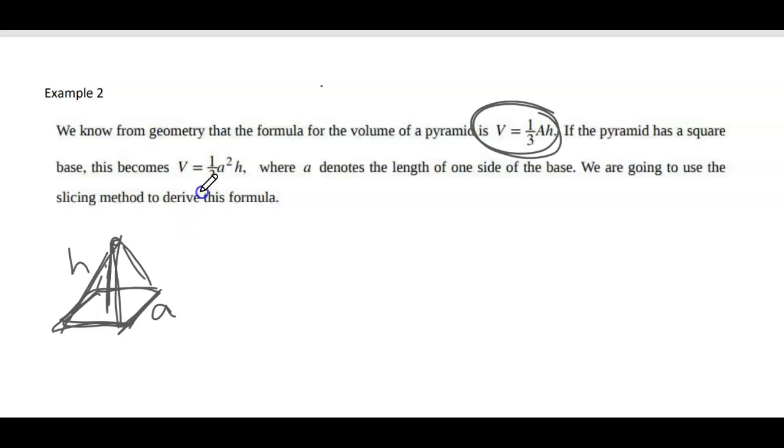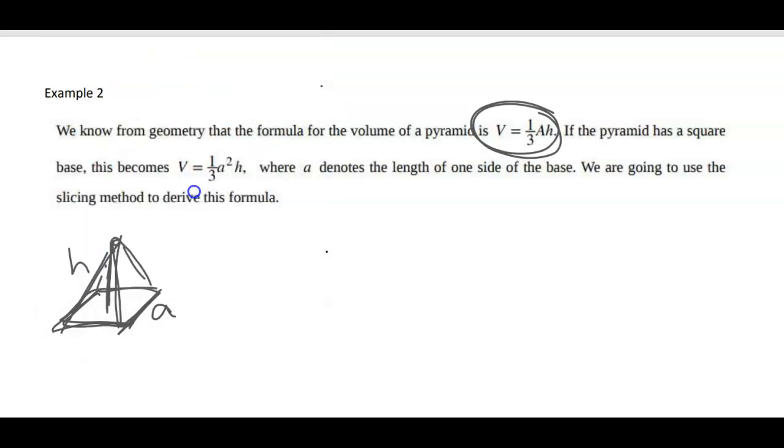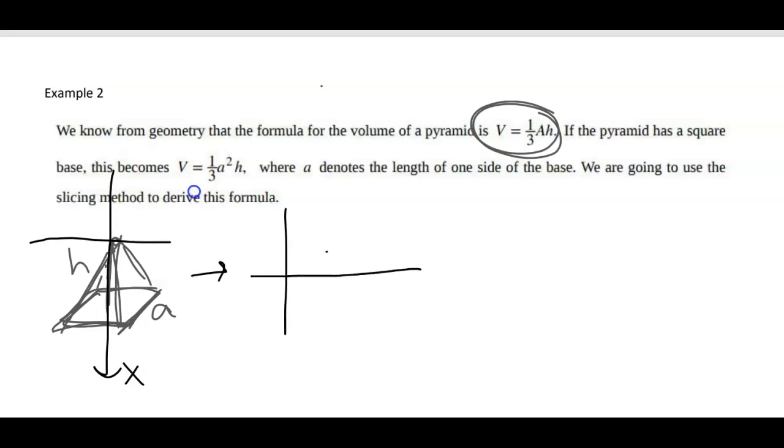But we're going to use what they call the slicing method in this textbook, using cross sections. We're going to do something very similar to what we just did with that cylinder, and we're going to make an axis here. So that's going to be x. So I'm going to flip this around, so my sides kind of go like this, and then my square is like that, because that x-axis is going.